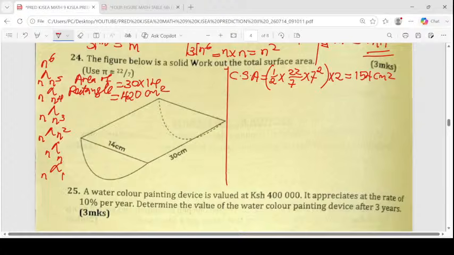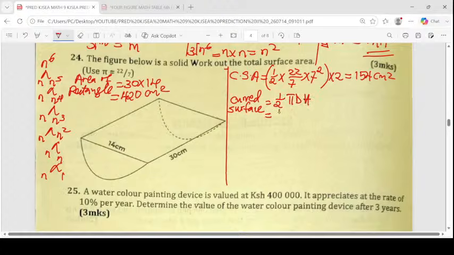Then we have also the curved hidden part. Let's compute the area of the curved surface. The formula for getting the area of the curved surface is a half pi dh.